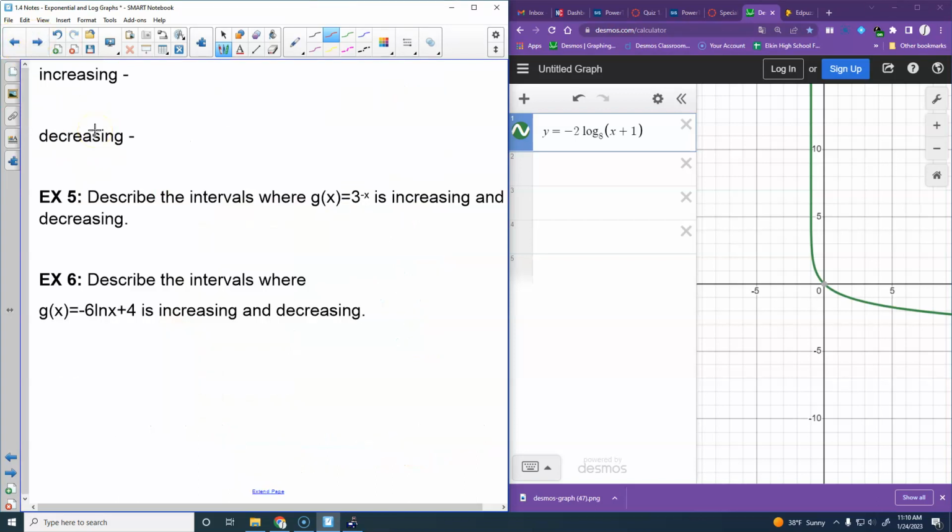The next thing we're going to look at is increasing and decreasing. Okay, so increasing and decreasing. For increasing, your y values increase as you move from left to right.